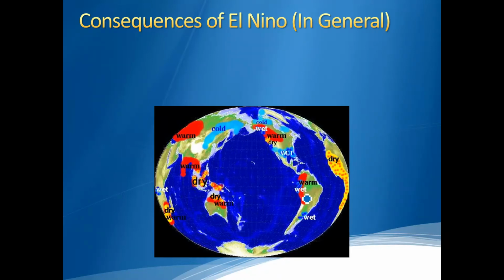Areas down along the western coast of South America, some of the driest places in the world, actually become wetter. In fact, during the last major El Nino, the Atacama Desert, one of the driest places in the world, started blooming. There were flowers blooming in the middle of the desert because of how warm and wet it got there. And these are just a few examples.